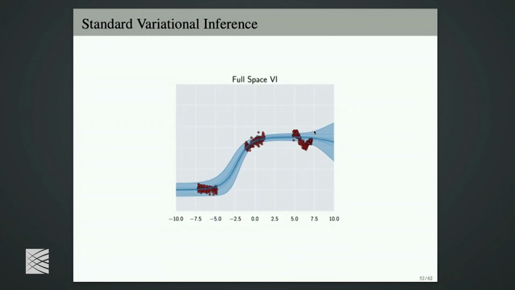Just as a contrast, we can also look at the predictive distribution that we get from standard variational inference, and we can again see that it's not doing a great job of capturing variability in the function or epistemic uncertainty, moving away from the data. We're not getting very much increased uncertainty.